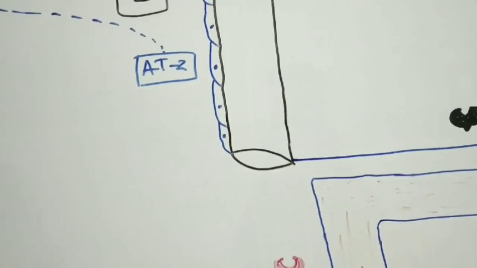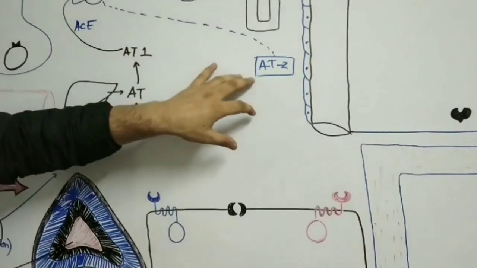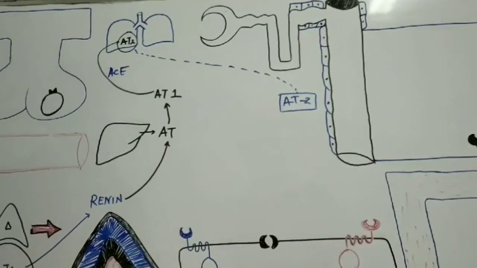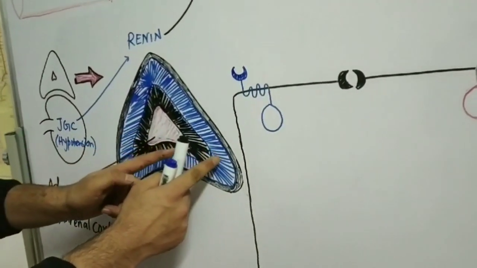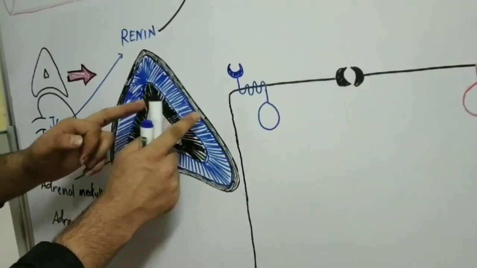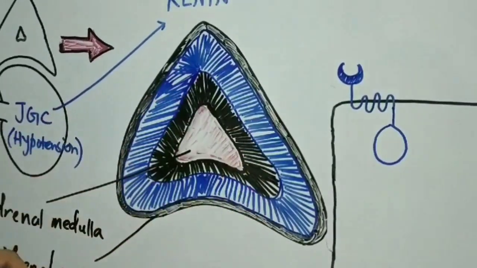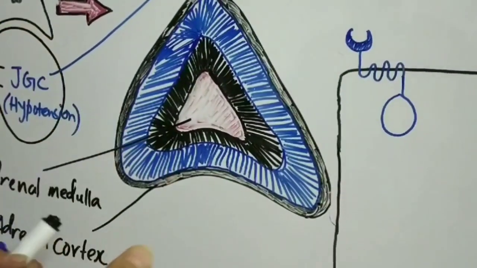Before we discuss further details of what angiotensin 2 is going to do, let me show you the point here. Here is your adrenal cortex. The outer layer is known as the zona glomerulosa. Now, in the zona glomerulosa, there are a lot of cells.